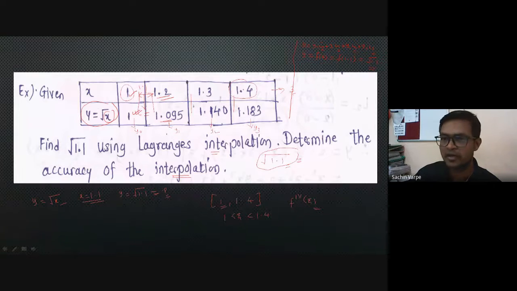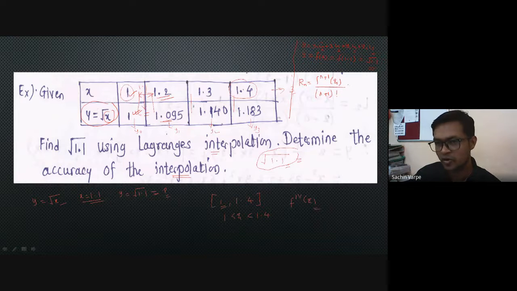So what that remainder term is, Rn is equal to, let me write here, the n plus 1th derivative of f at zeta upon n plus 1 factorial into the product of x minus xi, where i runs from 0 to n.